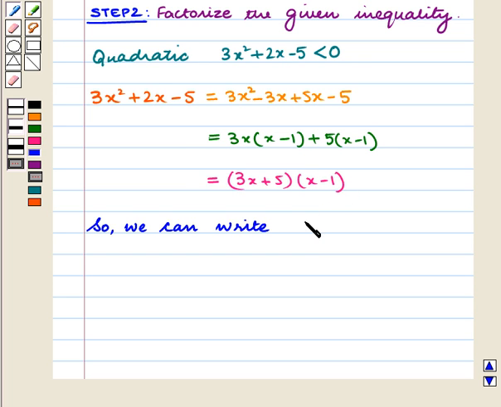So we can write 3x square plus 2x minus 5 strictly less than 0 as 3x plus 5 into x minus 1 strictly less than 0.